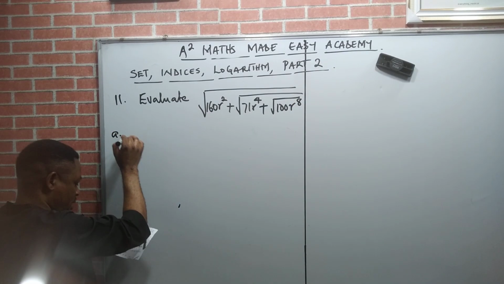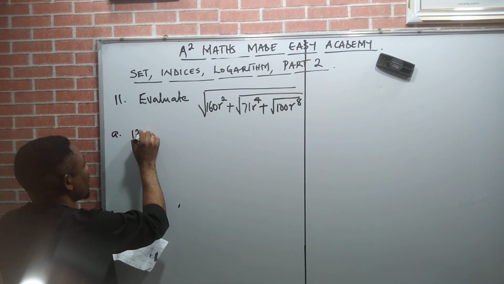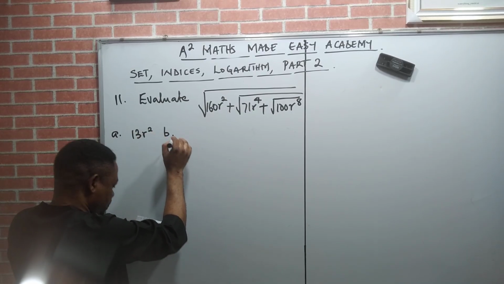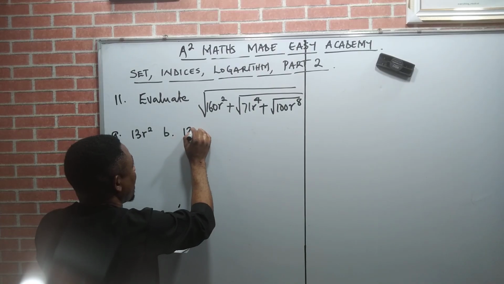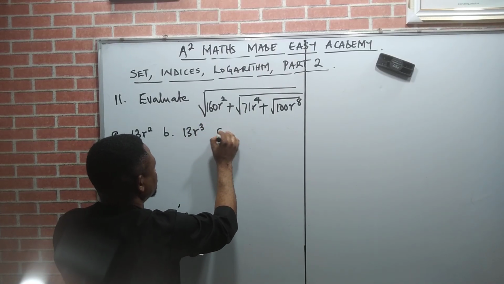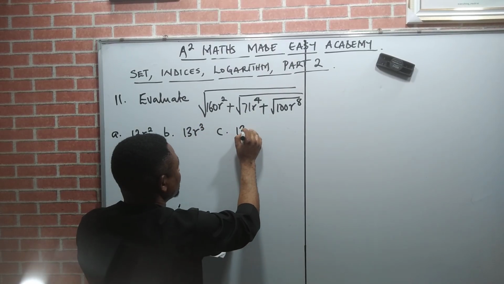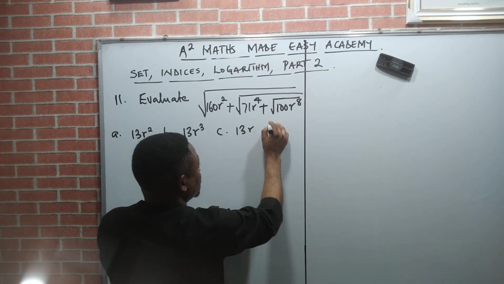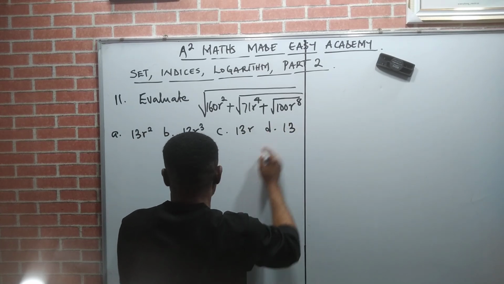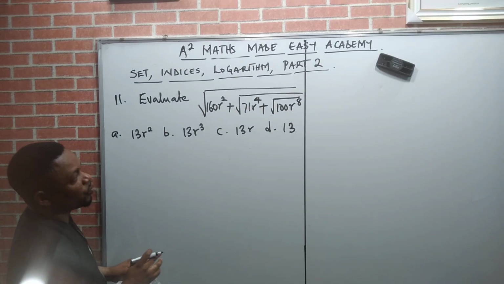Options are: A, 13r squared; B, 13r raised to power 3; C, 13r; D, 13.